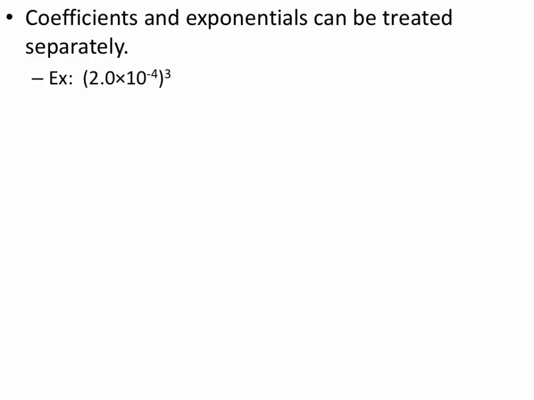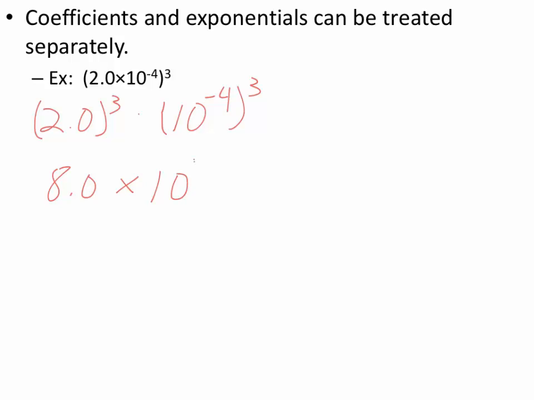So I'm going to write these out as 2.0 cubed times 10 to the minus 4 cubed. Well, we know that 2 cubed is 8, so 8.0, and then times whatever our 10 to the minus 4 cubed is. Here we have minus 4 times 3, and that gives us negative 12, so then we have 10 to the negative 12.